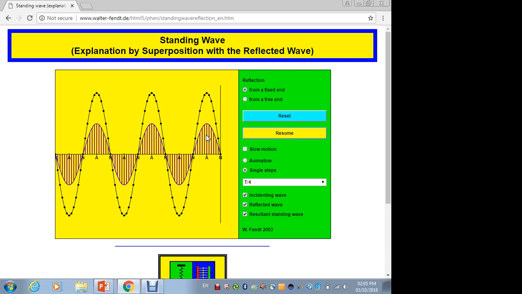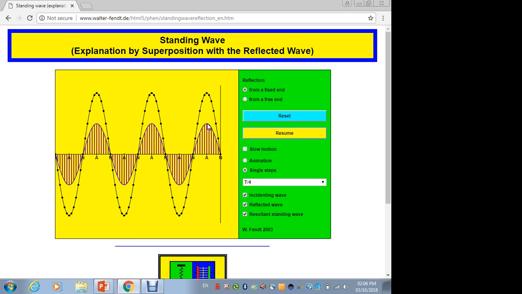In your lecture notes, I represent the incident and reflected waves using a dotted curve. The two curves are identical, so that dotted curve consists of both the incident curve and the reflected curve. When I apply the principle of superposition at this point, the resultant displacement will be 2 times the individual amplitude.